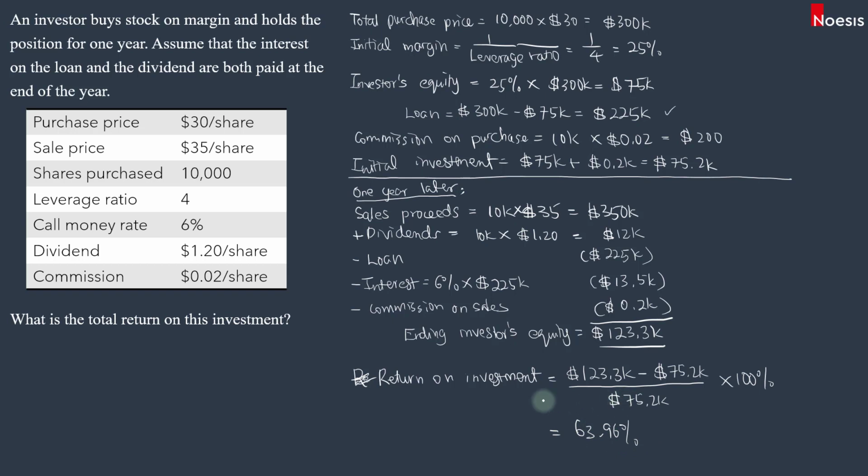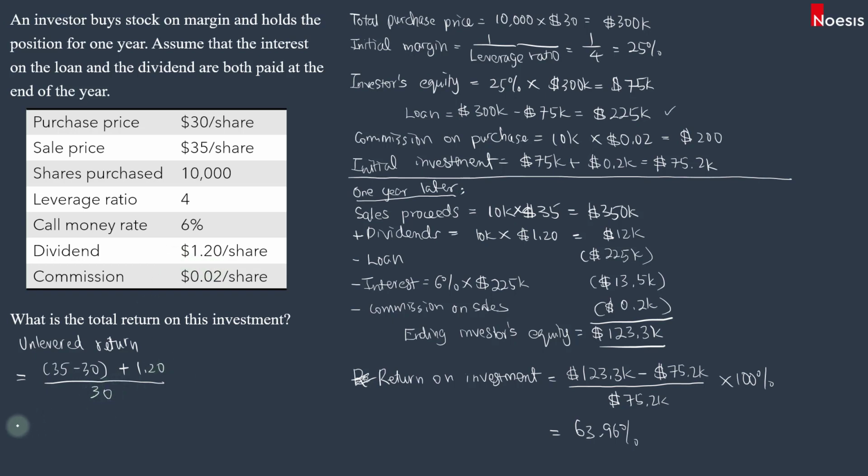So if we were to invest without using any leverage, then what would the return be like? Let's call this the unlevered return. The unlevered return will just be the change in price, which is $35 minus $30, plus the dividend of 1.20. We'll ignore all the commission and the loan interest. Then we divide by the purchase price.